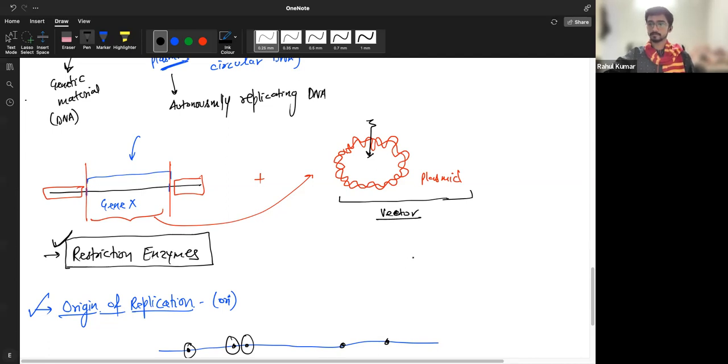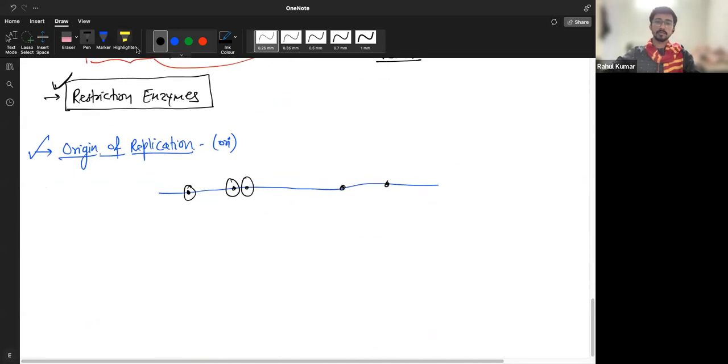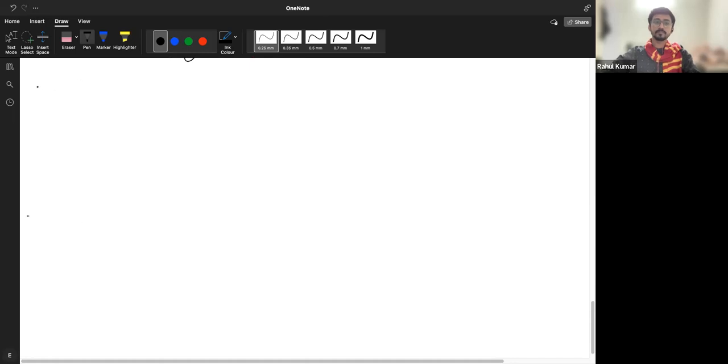Now talking about the tools that we need to do this. First is tools for recombinant DNA technology.